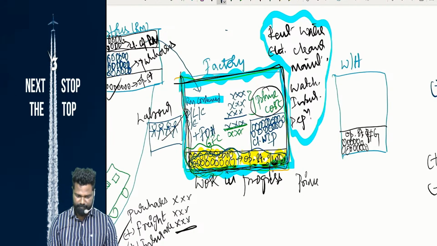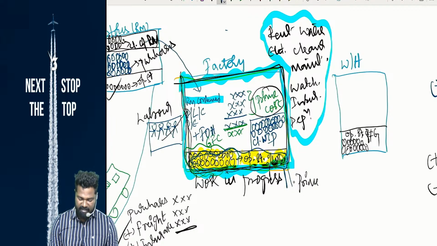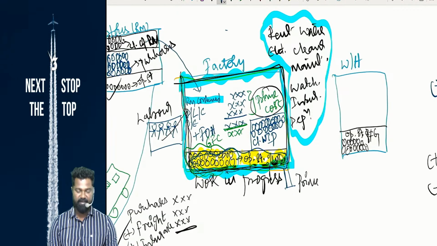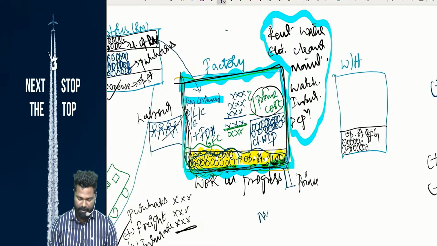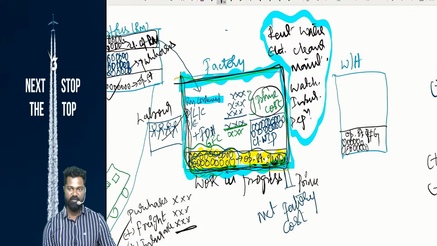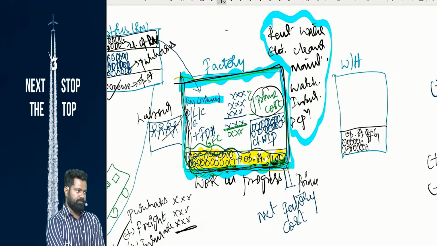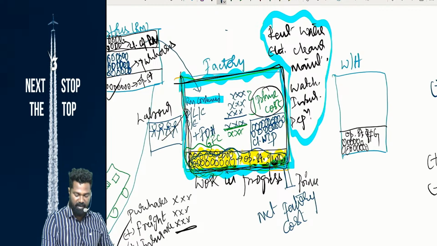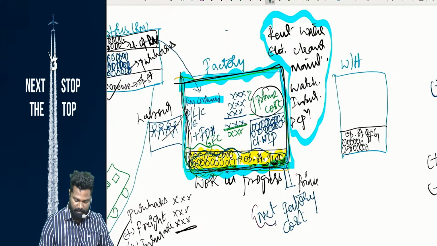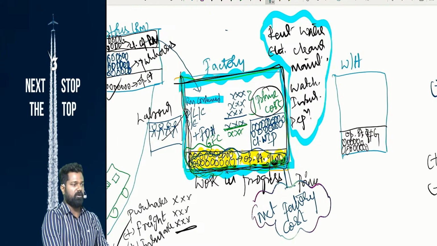Okay, continue. So whatever is coming out from the factory is nothing but net factory cost. Tell me, what is that? Whatever is coming out from the factory is called net factory cost. Clear? New student, are you following? Sure? Okay. So whatever is coming out from the factory is nothing but net factory cost.